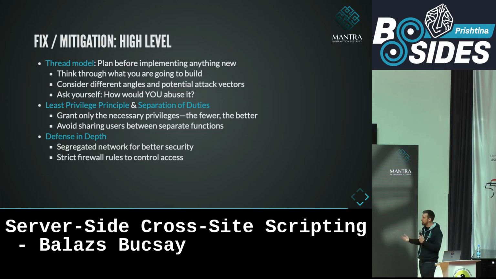And the separation of duties as well, if you have two different roles, you shouldn't merge it into one user. You should use two different policies, two different users, just to make sure that even if one gets compromised, it won't be able to abuse the privileges, the permissions that it was assigned to, right?